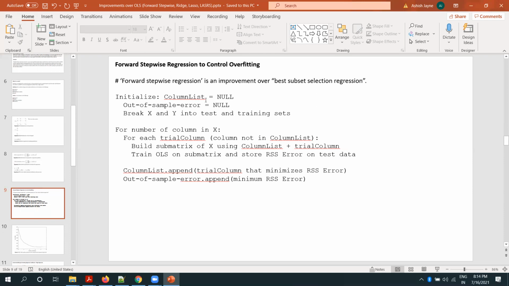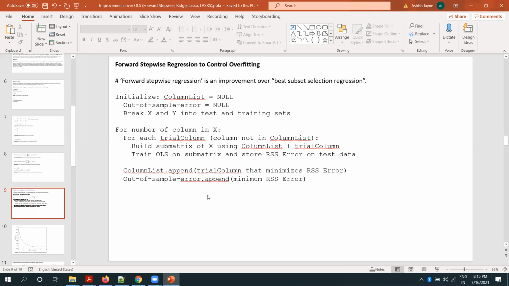Best subset selection is a naive approach where you create a loop and find errors for every subset of attributes. Forward stepwise is the algorithm we're going to use for that.